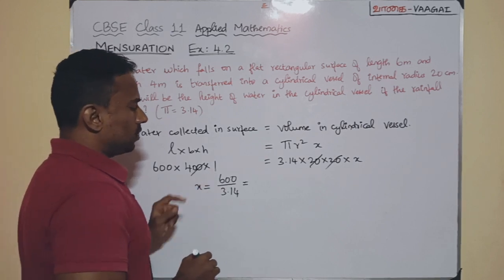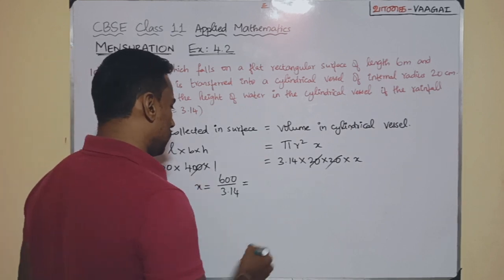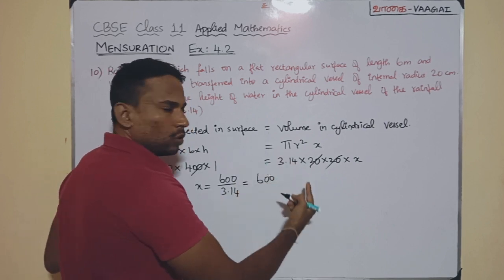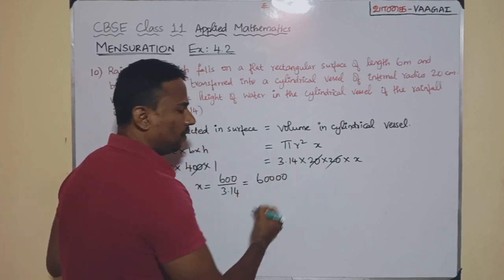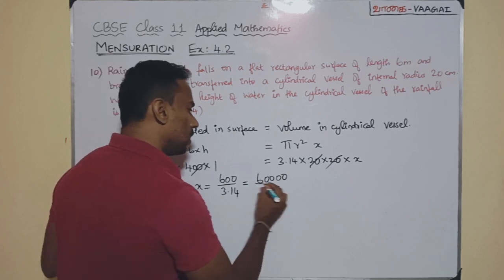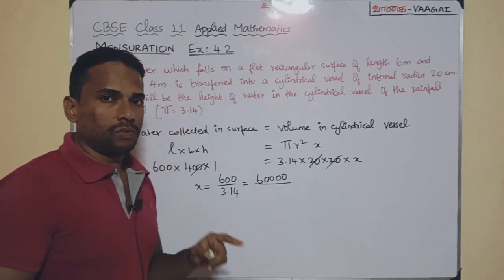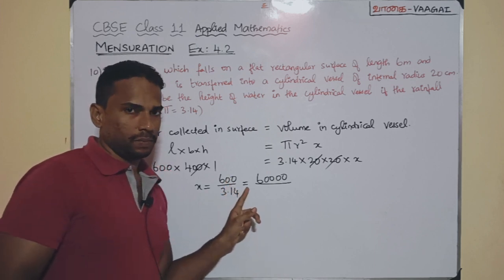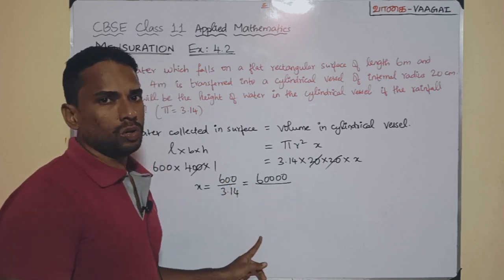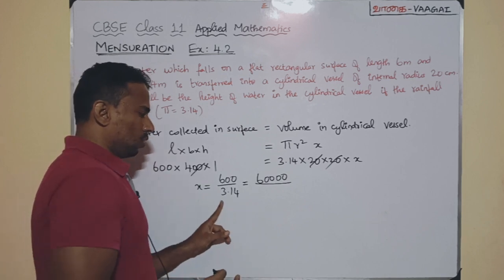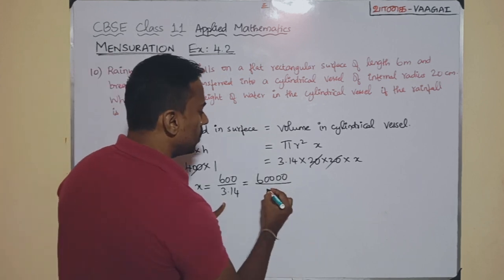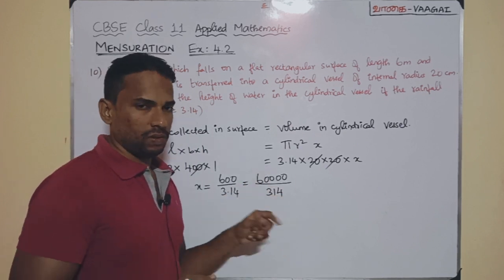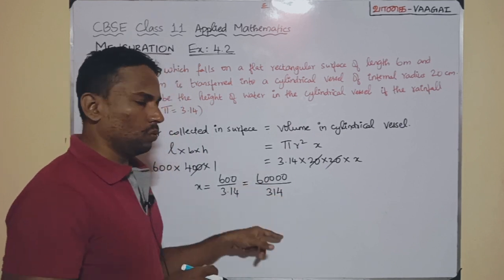So 600 by 3.14 can be written as 600, and I will multiply my numerator by 100, so I will have 2 more zeros coming in my numerator. Now I have to multiply my denominator also by 100, because when I multiply the numerator by 100, the denominator should also get multiplied by 100. So 3.14 into 100 will be 314. So this is what we will be having, and let's try to solve this.